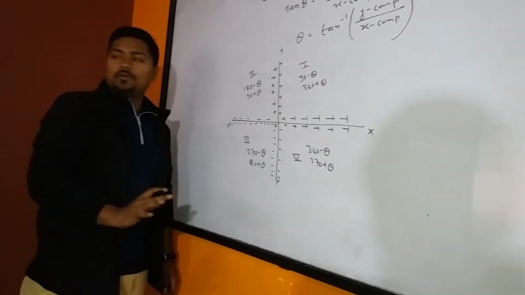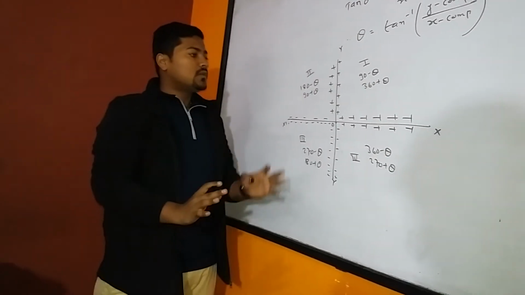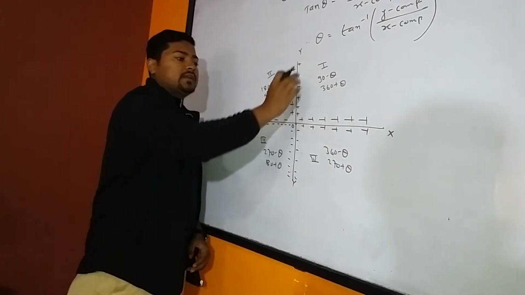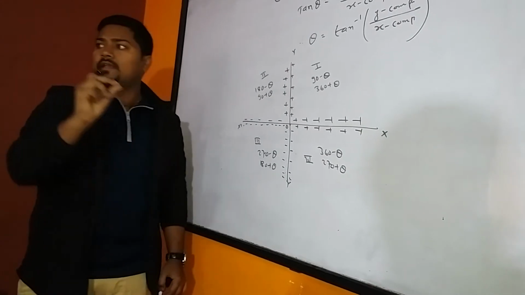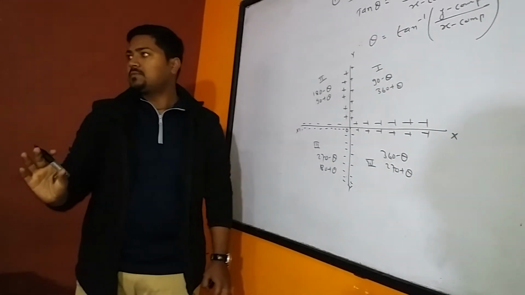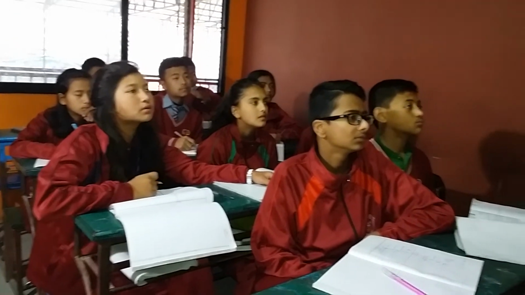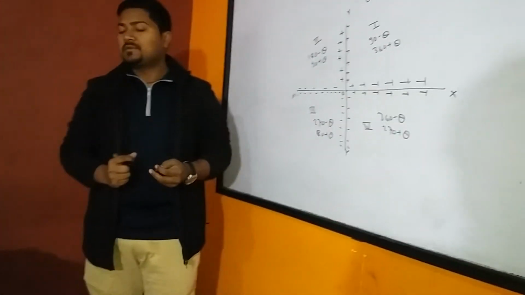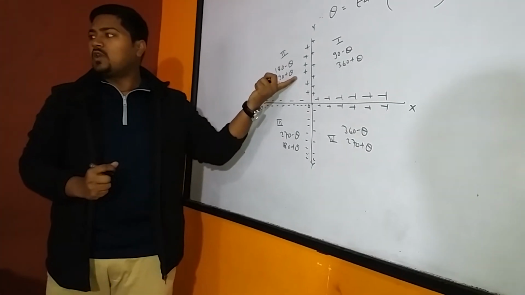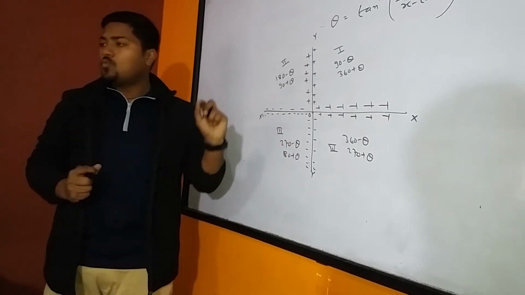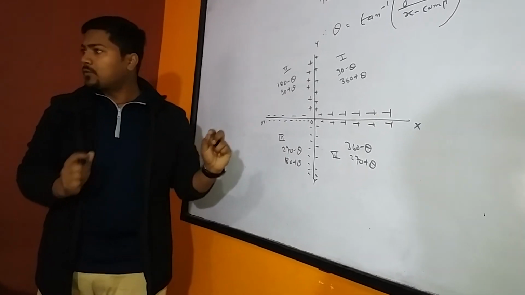Now look here at the first quadrant. If x coordinate and y coordinate are both positive, then it lies in the first quadrant. If x coordinate is negative and y coordinate is positive, then it lies in the second quadrant, like this. So let's solve one question and then we will understand this.